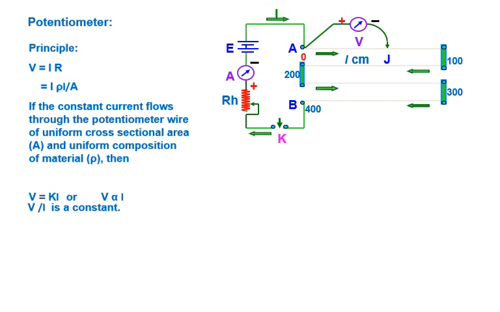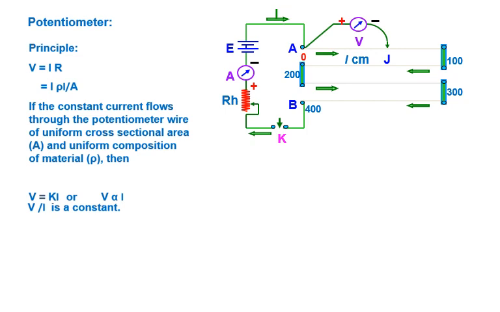Now, principle. The basic principle of the potentiometer is that when a constant current flows through a wire of uniform cross-sectional area and composition, the potential drop across any length of the wire is directly proportional to that length.